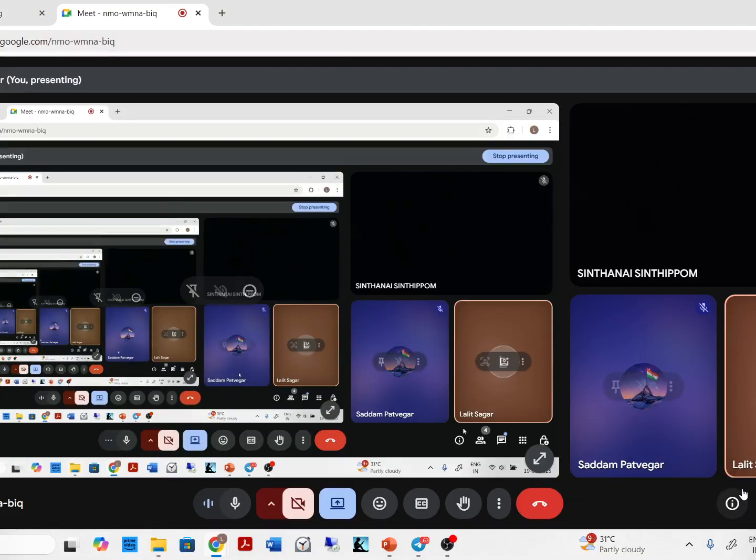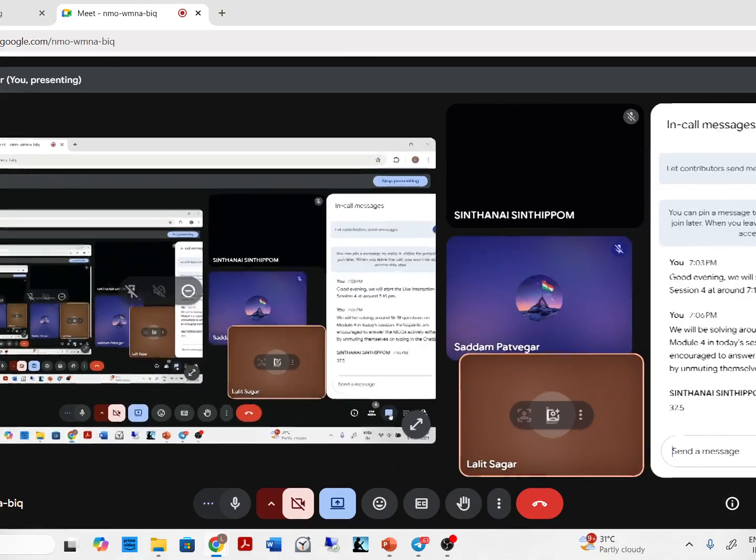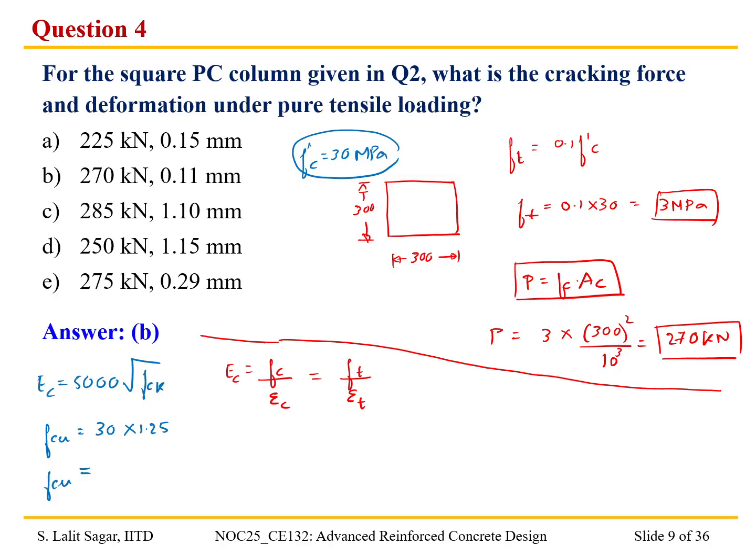Okay, we have an answer, I believe, 37.5. Thank you for the response. So fcu is equal to 37.5 MPa.